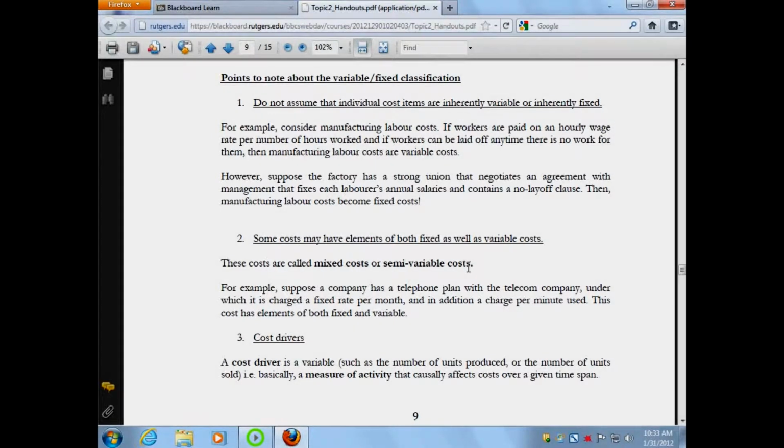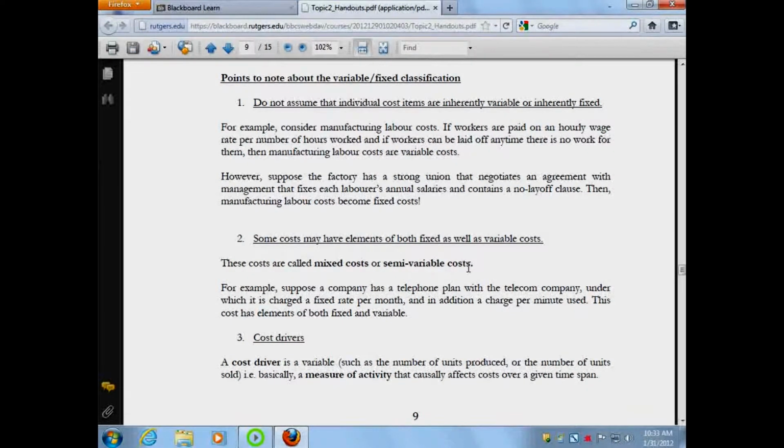Now, the cost could have a different behavior across other ranges, but that is just not that interesting. It's not that relevant to you because those ranges are outside of your normal level of activity, right? So for any cost that you're thinking about, there will be a range within which you normally operate or within which you expect to be operating, right? And that's going to fall within one particular block out of these possible blocks.